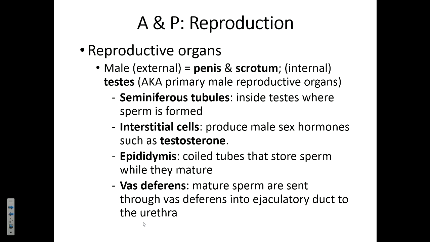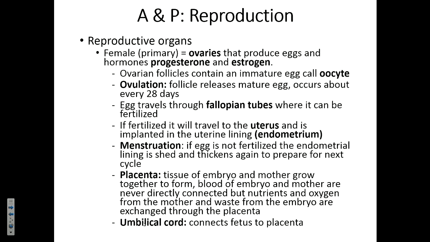But essentially, the overall goal is to produce the gametes. The gametes then will join together through fertilization, so egg and sperm, and then create the zygote. Making sure that you know the difference between haploid, the gametes, and diploid, the zygote. What those key terms mean that I have underlined. Same for female.